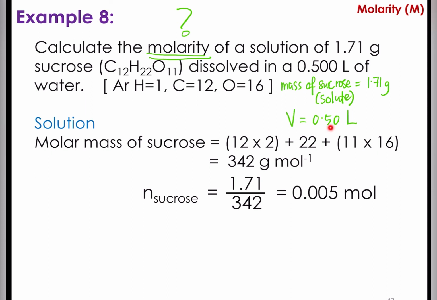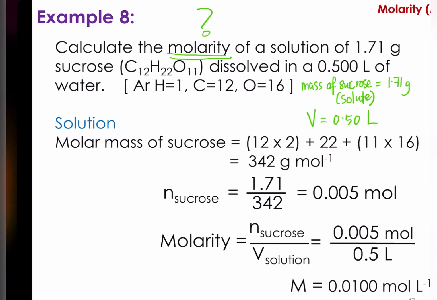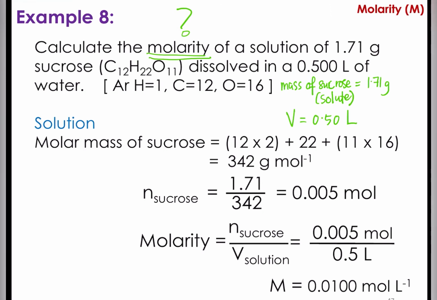Can I use the formula for molarity? Yes. So I put in all those values and my final answer is 0.0100 mole per liter, or you can put capital M, which I also accept. And your answer should be in 4 decimal places.